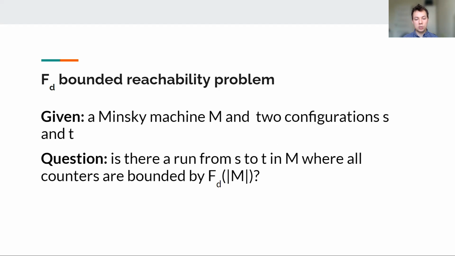So given a Minsky machine and two configurations, we ask, is there a run from the starting configuration to the target configuration where all counters are bounded by F_d of the size of this Minsky machine. And this problem is decidable, and it is a well-known fact that this problem is F_d hard.